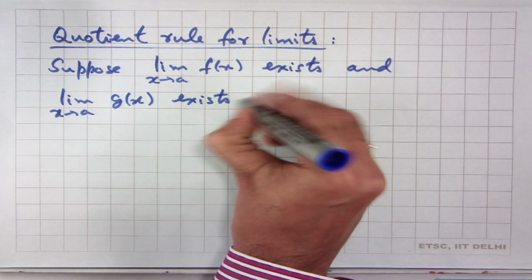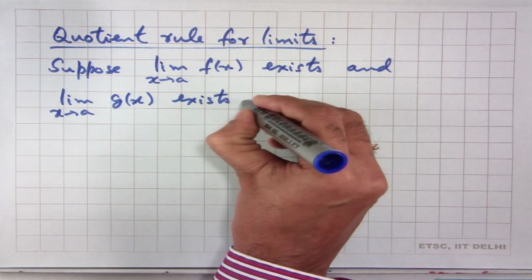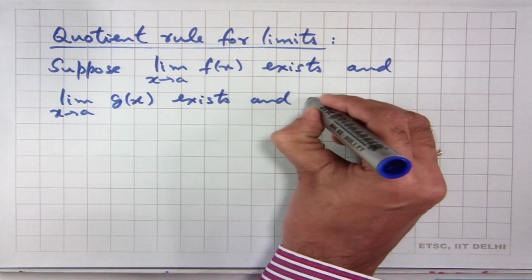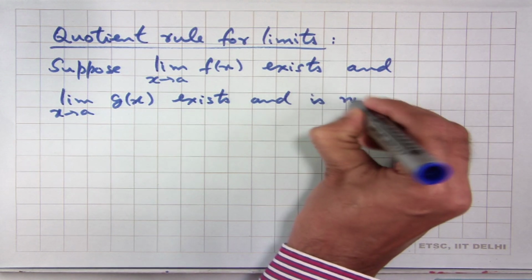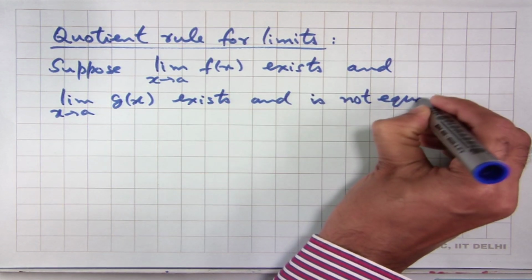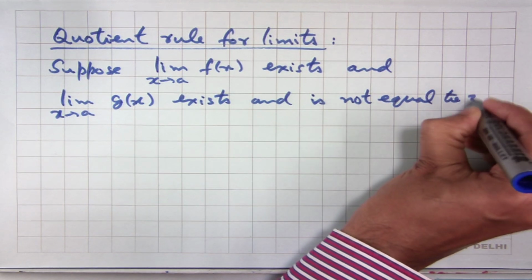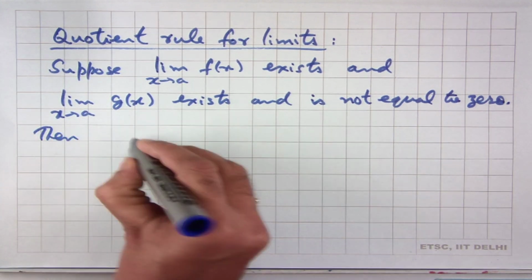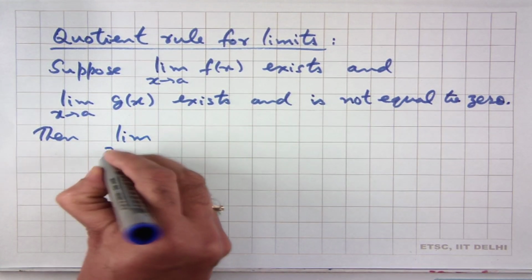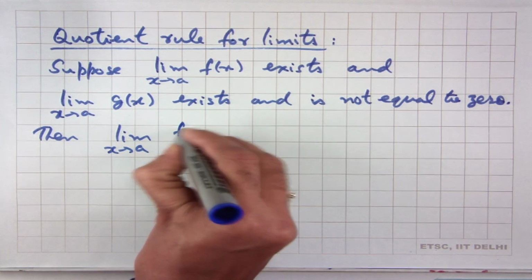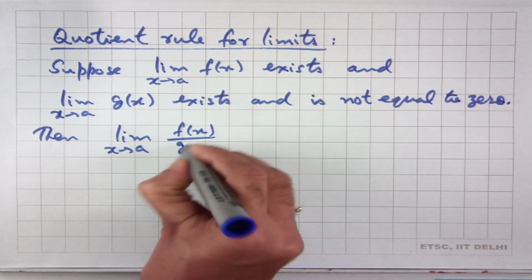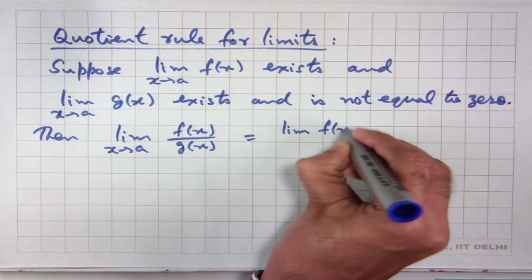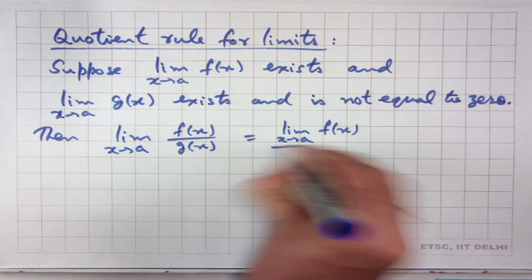Further, limit of g of x is not equal to 0. Then the limit of the quotient of these two functions f x by g of x, this is equal to limit of f of x by limit of g of x.